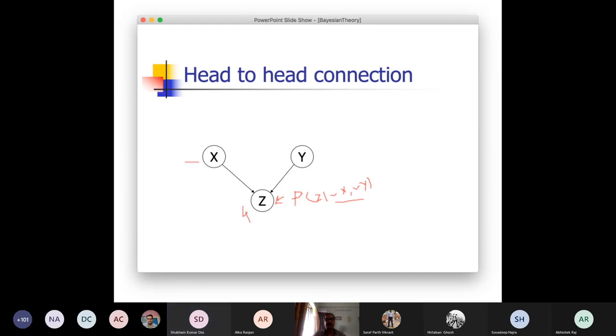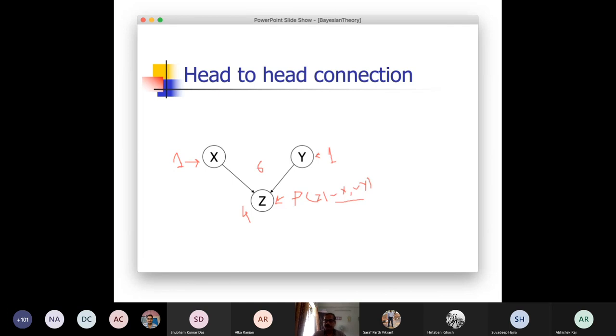And how many parameters here? So 6. Total 6. In this node you require just 1, and in this node you require just 1, because these are all marginal probabilities. So in this topology, you require 6 instead of 5 in the previous topology.